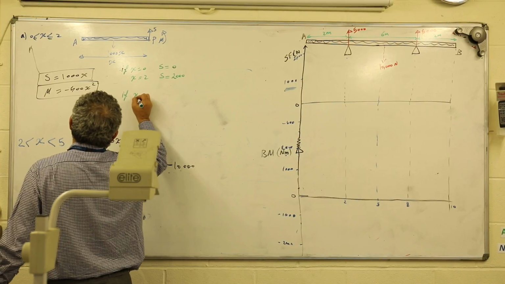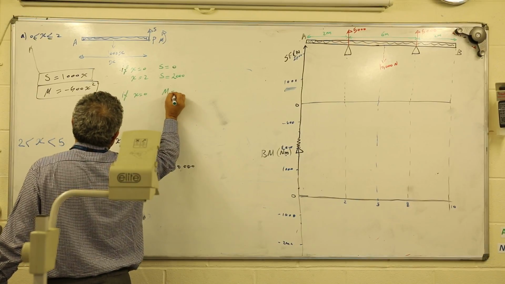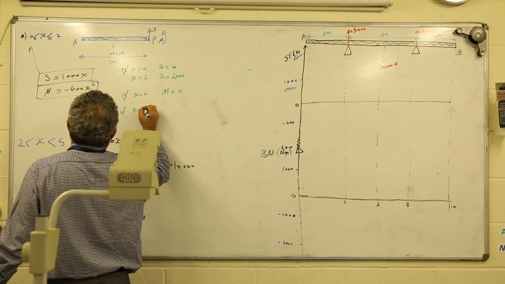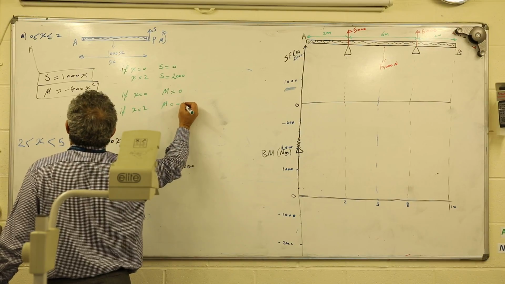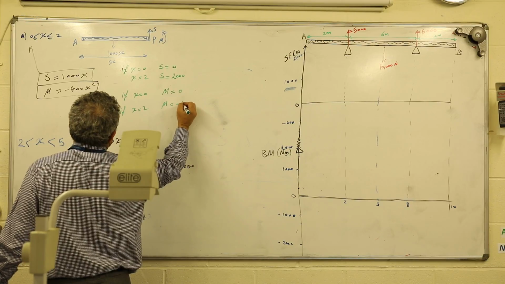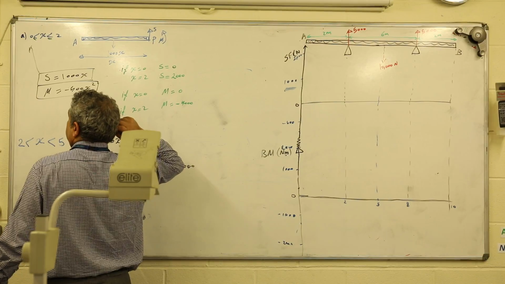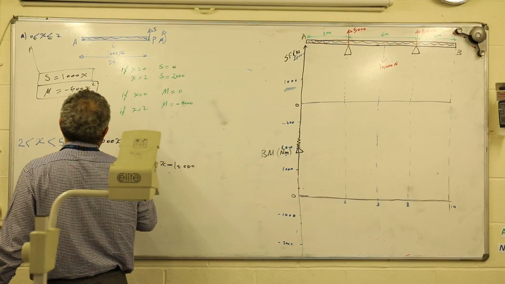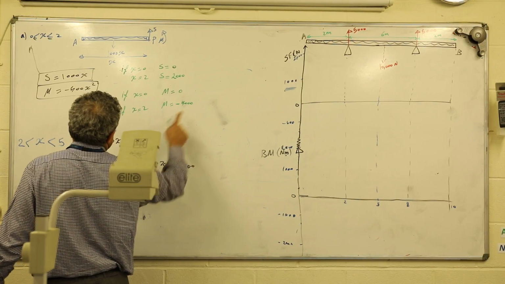If x is equal to 0 for moment, m should be equal to 0. If x is equal to 2, m should be minus 2000. Yes, I've got minus 2000.